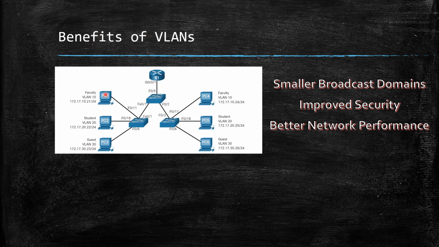But as we have configured the VLAN successfully, we will have smaller broadcast domains, so the frame will not be broadcast into the whole network. Only the devices which are in the same VLAN receive the broadcast. So that's how it also provides better network performance. So these are some benefits of virtual LAN.